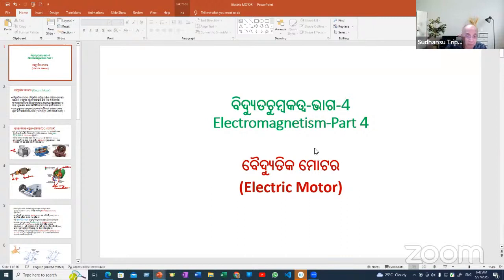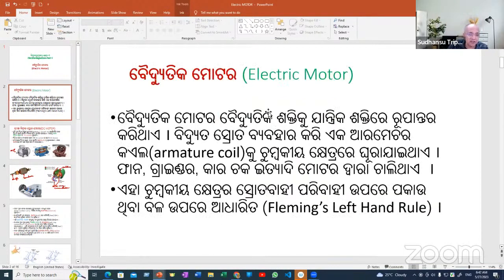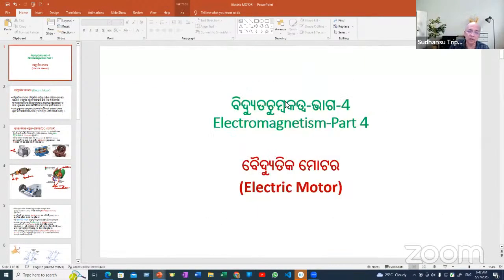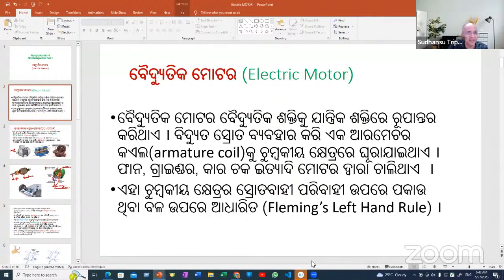So let us apply the FLR or RHP or the vector concept that we have studied in the DC motor. AC motor is really intriguing. Until we study EMI, we cannot tell about the AC motor.